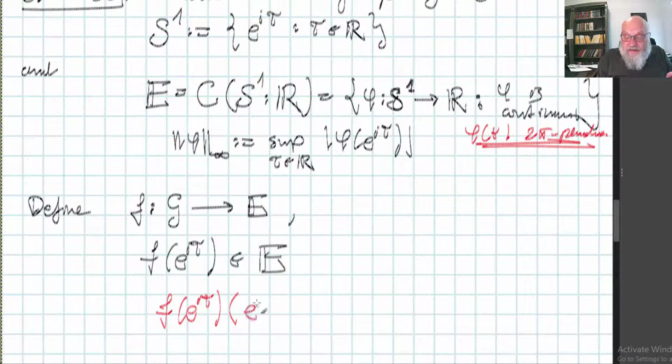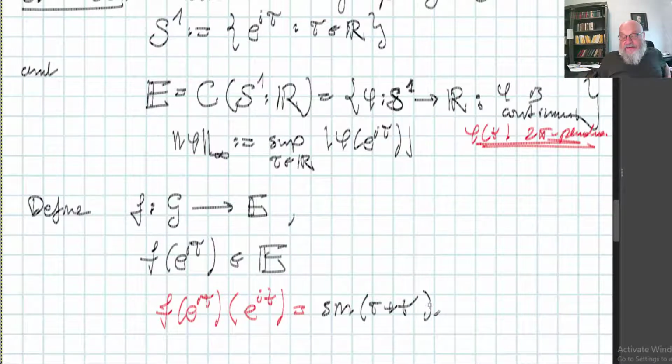So I put here e^{it} will be equal to sine of τ plus t. So it's well defined.